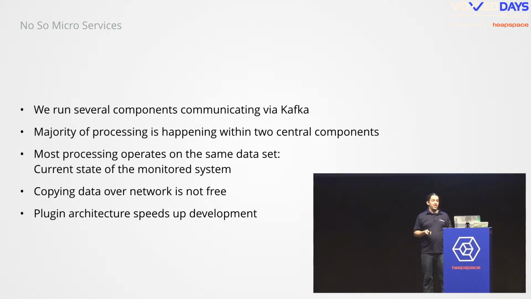The reason for that is, well, copying such large amounts of data across the network to another microservice does not really help you much. In fact, we have so much data that's continuously updated. We have a lot of shared state that syncing it over network would be impossible. So we have a plugin architecture within those not so microservices, but we avoid the copying.